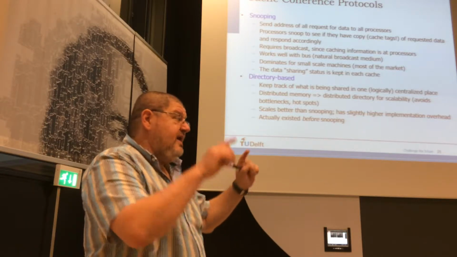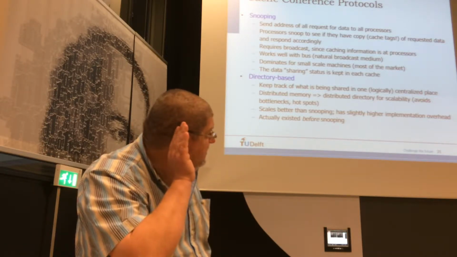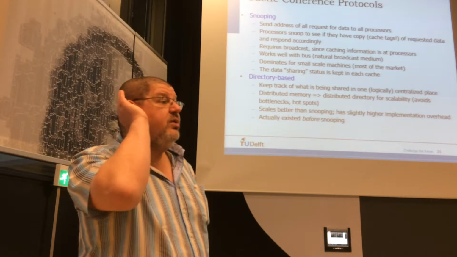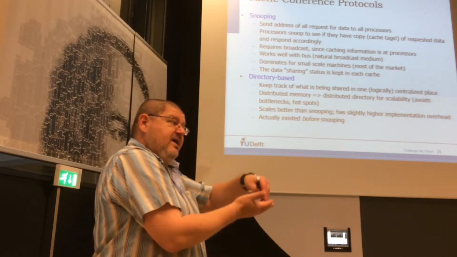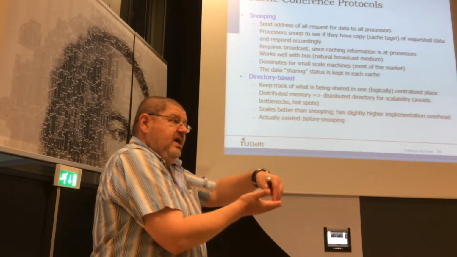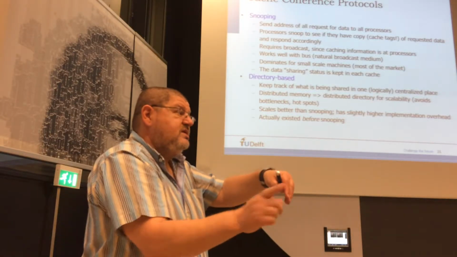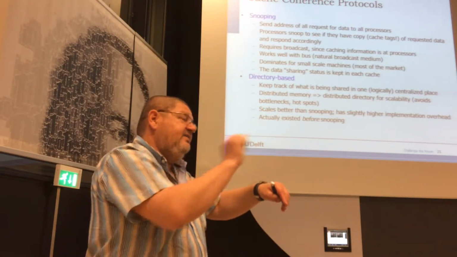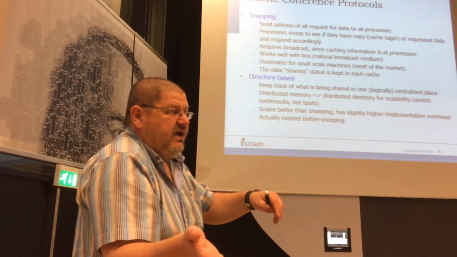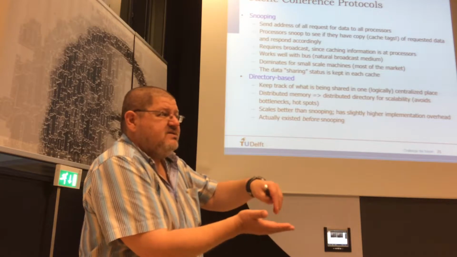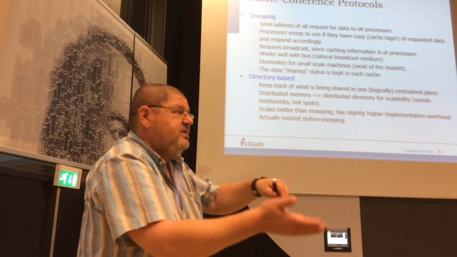Which means that all the other participants should listen to the bus and see, okay, I have an address which I also have in my cache. Then I make a tag comparison, and I see, I have it too. It's not valid any longer. I'll invalidate it. Or I may even send the value, and I say, okay, this is the address, it is not valid, this is the value that you should update.